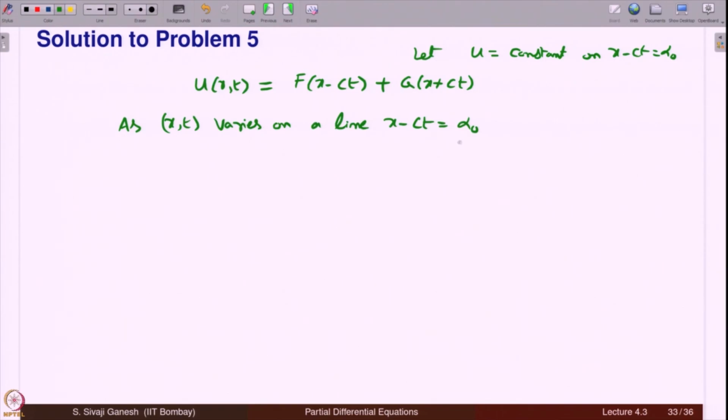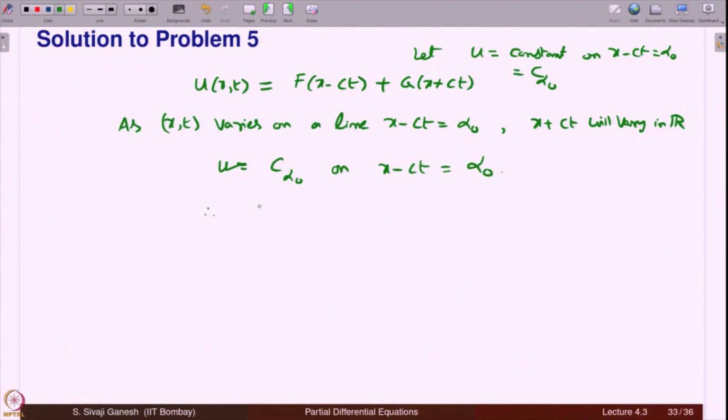So, as (x, t) varies on this line, what happens to x minus ct or x plus ct? x plus ct will vary over the entire R, but we are assuming u is constant. Let us assume that constant is c alpha naught. So, u equal to c alpha naught on this line x minus ct equal to alpha naught.